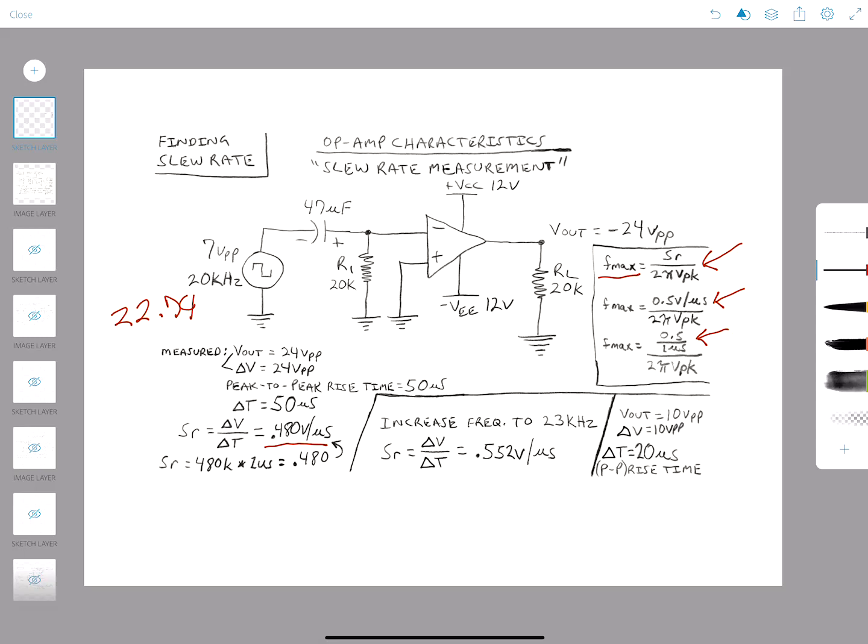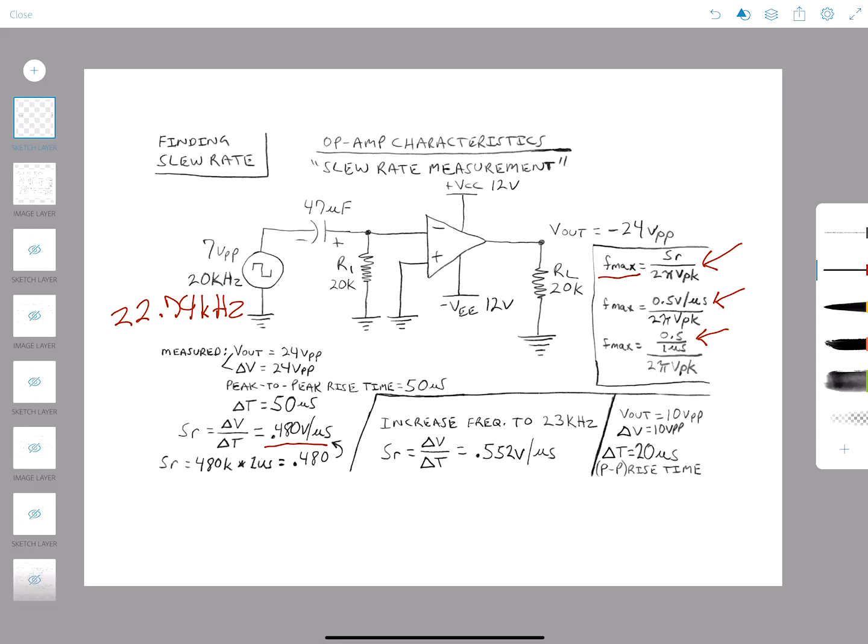That's going to give us a frequency of 22.74 kHz, which would basically be our maximum frequency before we start to attenuate the output. In other words, if we put in a frequency of 22.74 kHz, we'll be okay on the output. We'll get the full range.